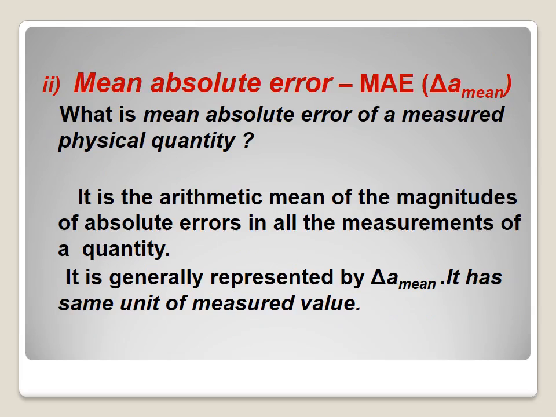Its short form is MAE, and it is represented by delta A mean. What is mean absolute error of a measured physical quantity? It is nothing but the arithmetic mean of the magnitudes of absolute errors in all the measurements of a physical quantity.